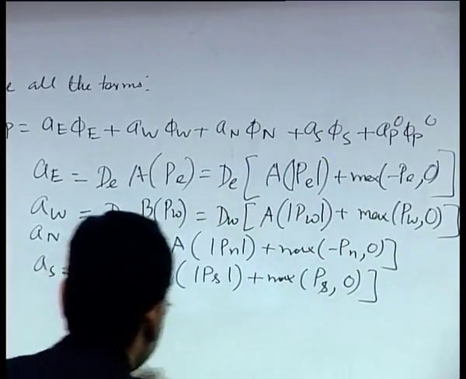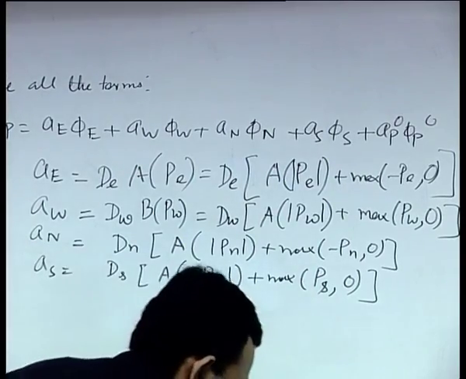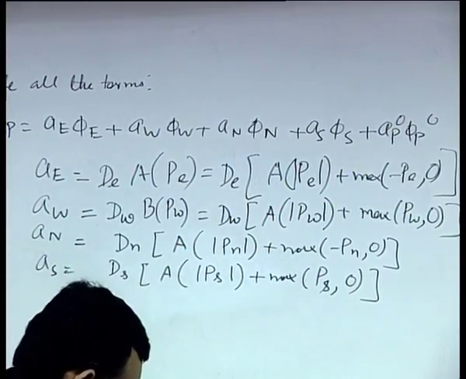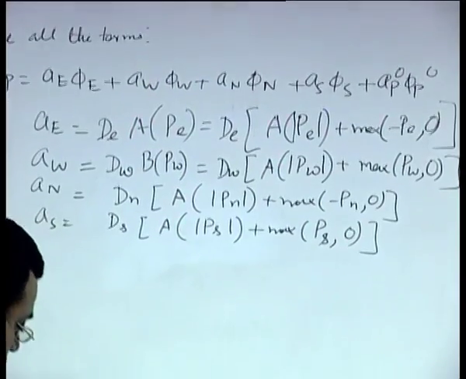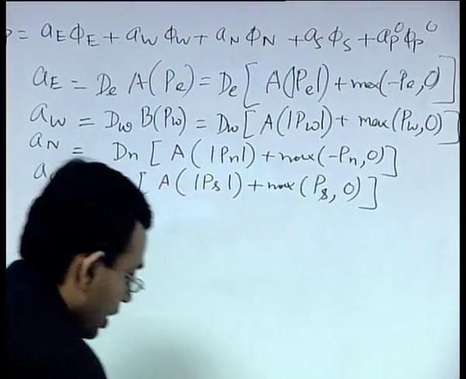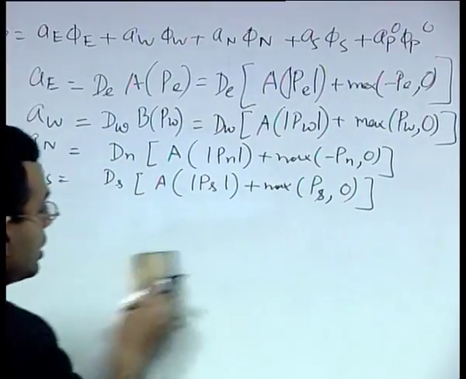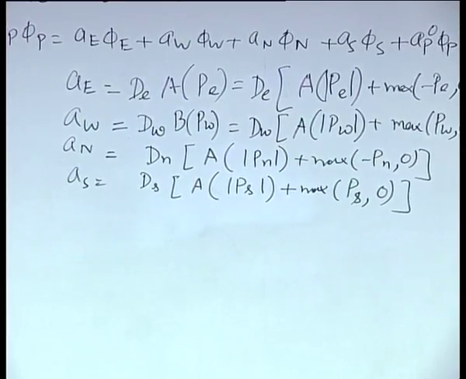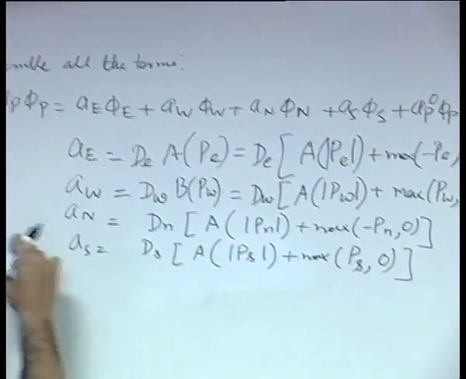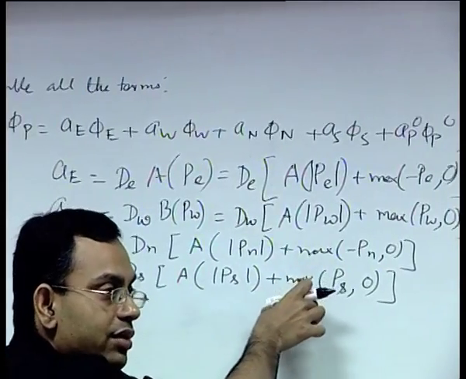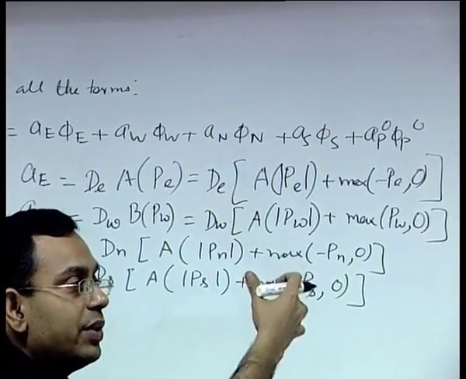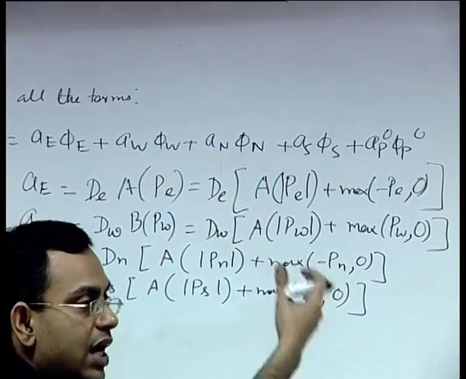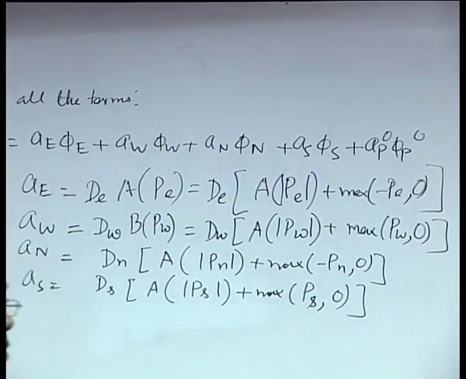So, we have seen a 2-dimensional discretization, and in the 2-dimensional discretization we have generalized it in terms of A of mod P, where the expressions of A of mod P are same as those which we have derived for the 1-dimensional case.